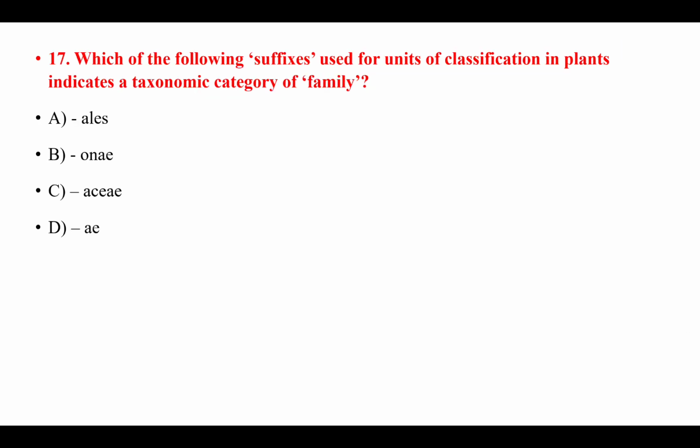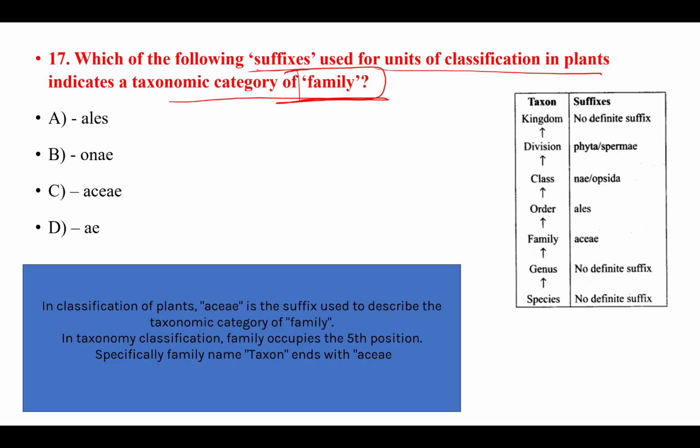Next, let's move towards the 17th question. Which of the following suffixes used for units of classification in plants indicates the taxonomic category of family? See, there is a chart here, you can have a look at it. For kingdom, there is no definite suffix. For division, phyta or spermae is used. For class, ae or opsida. For order, ales.